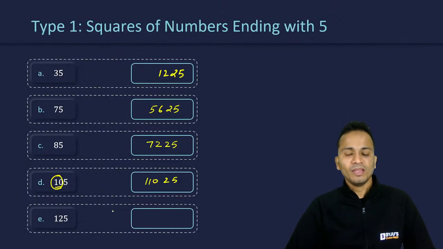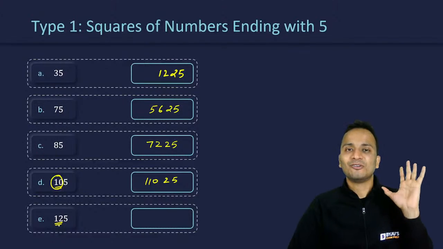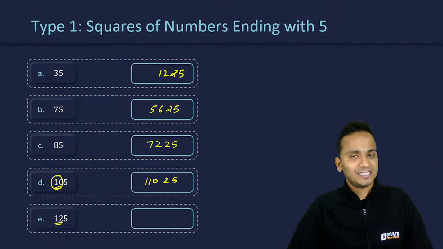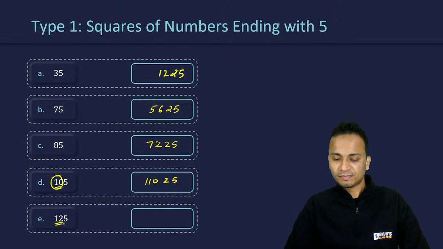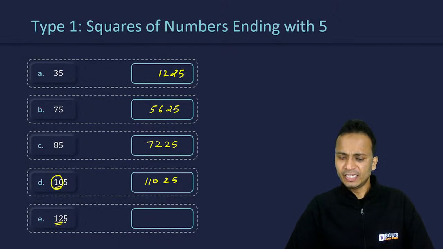125. Quickly. In this case, you need to multiply 12 and 13. So what is 12 into 13? All right, 12 into 13. Come on. 156, right? Pratyush, careful.